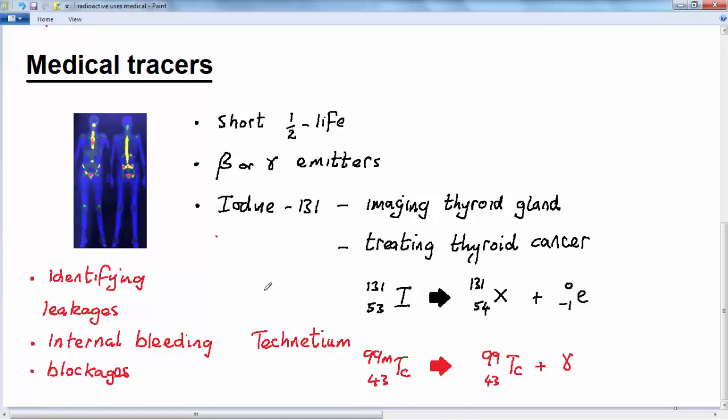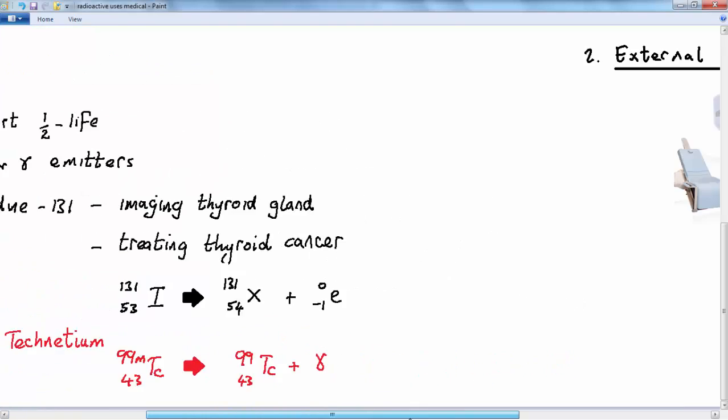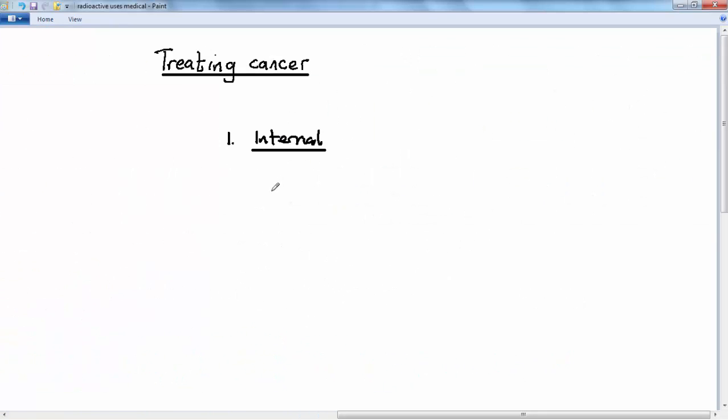Okay, so not only are radioactive isotopes used for tracers, but they're also used to help cure cancers. And there are two types of treatment. One is internal, where the radioactive isotope is injected near to or in the cancerous tumor.